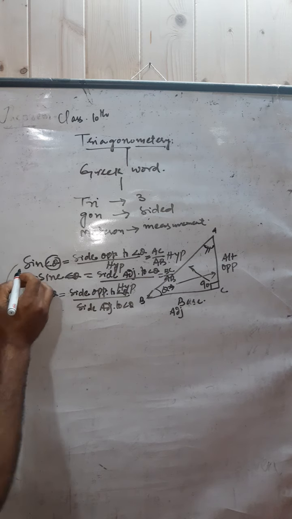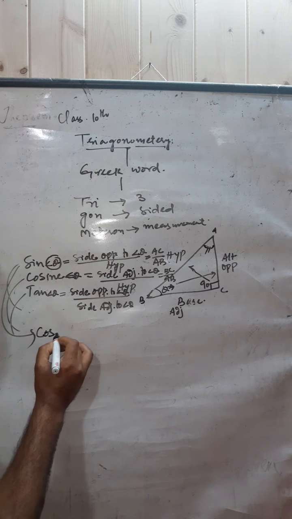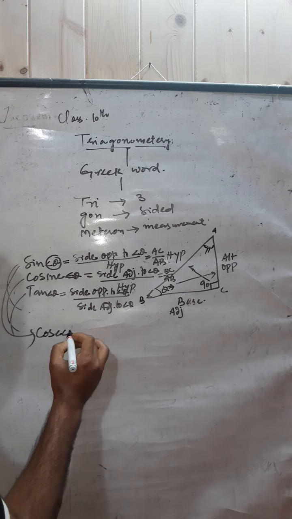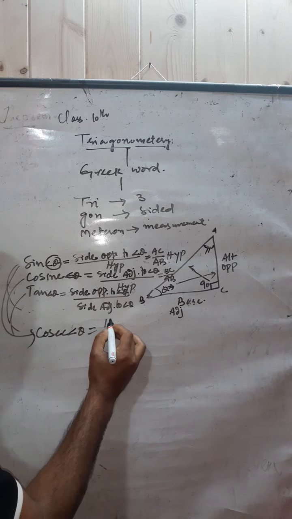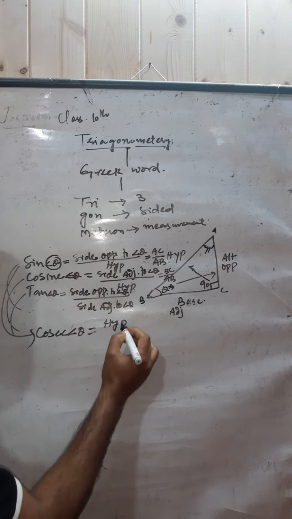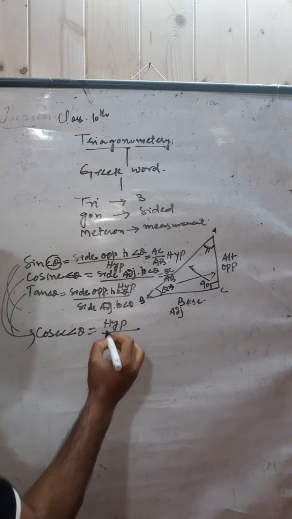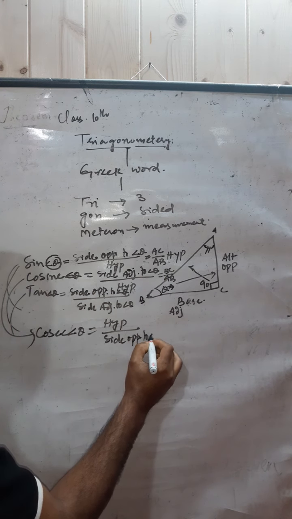Thereafter we have the reciprocal of sine, and the reciprocal of sine, as I told you, is cosec. If we focus on the same angle, cosec of angle theta is equal to hypotenuse upon the side opposite to angle theta.